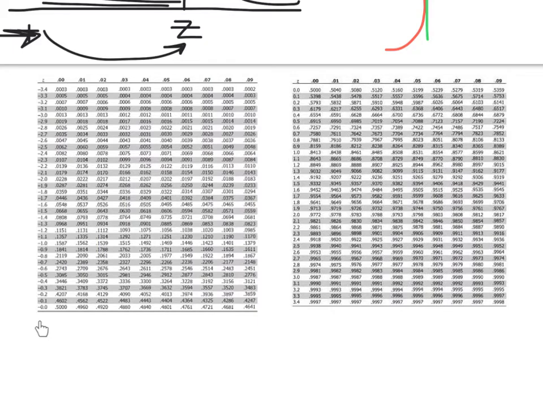The numbers on the first column will be the z-score with its first decimal point. The numbers on the first row will locate the second decimal point. For example, if the z value is equal to negative 1.34, then we have to break this number into negative 1.3 and 0.04.